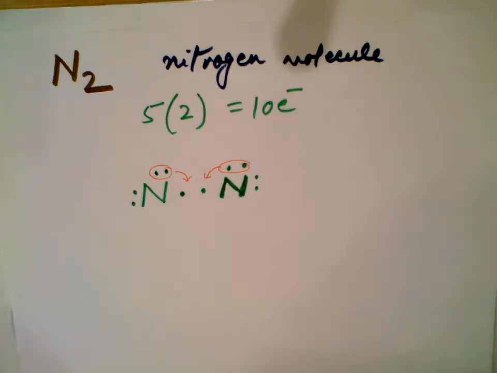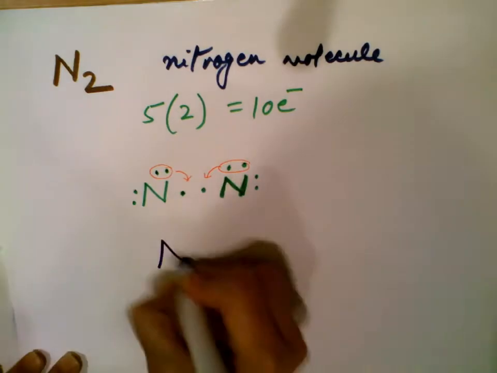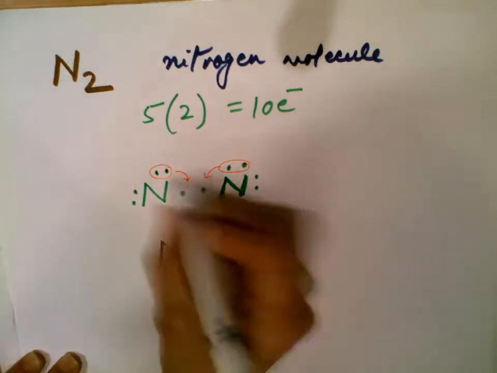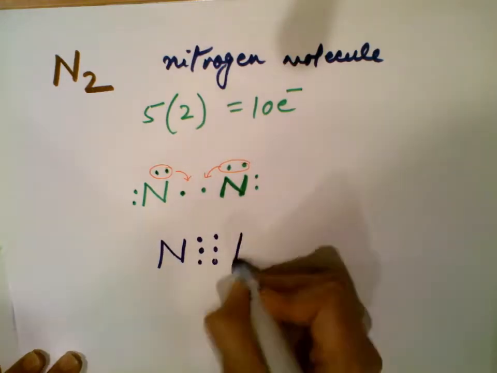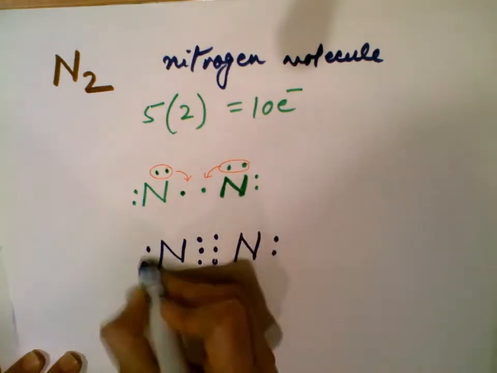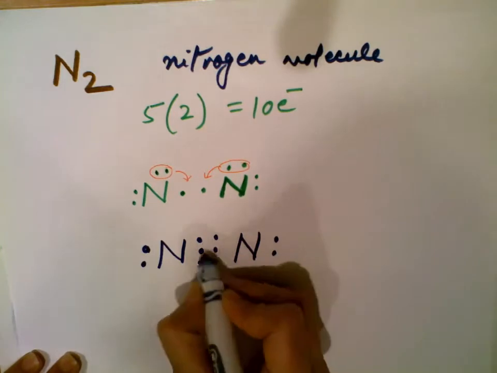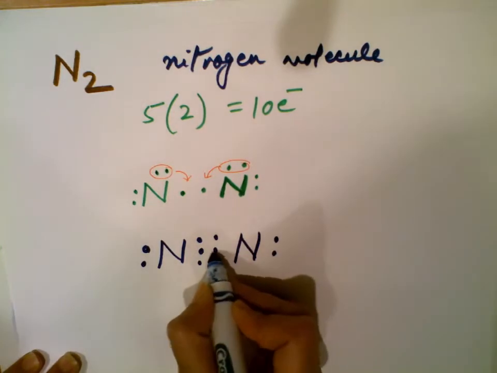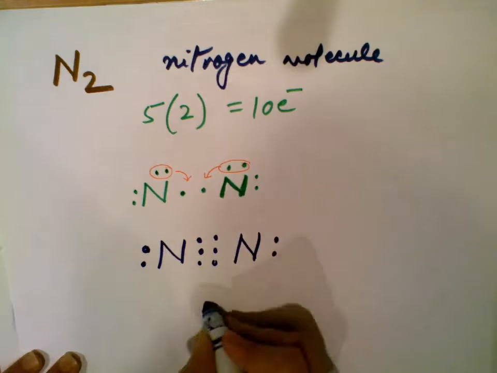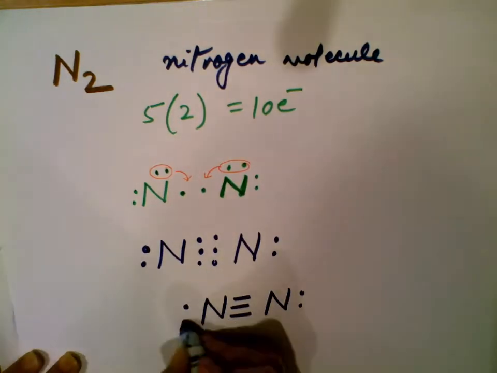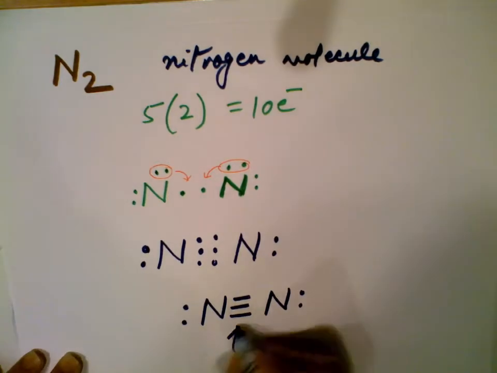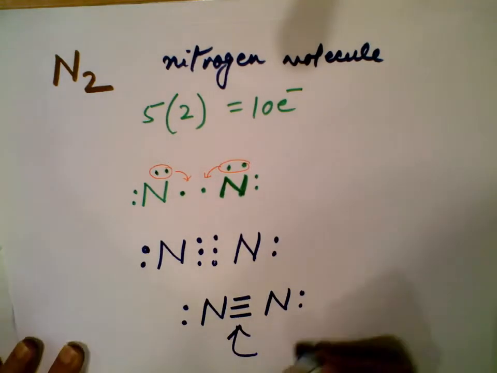As a result, we will have 1, 2, so that one pair, this is another pair, and this pair was already here. When you join these, 1, 2, and then 3, you have a triple bond. So this is the Lewis dot structure for the nitrogen molecule.